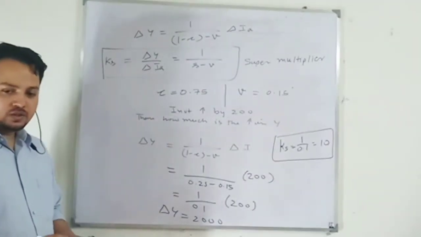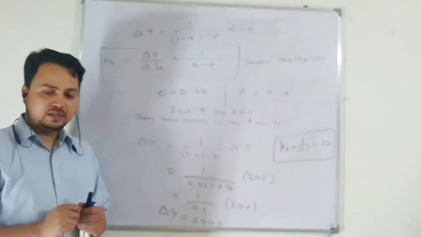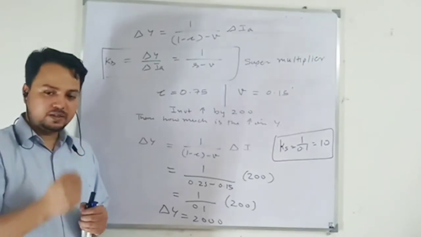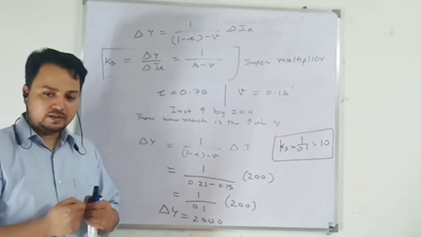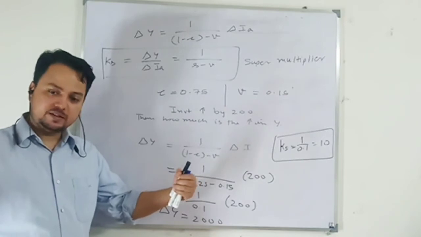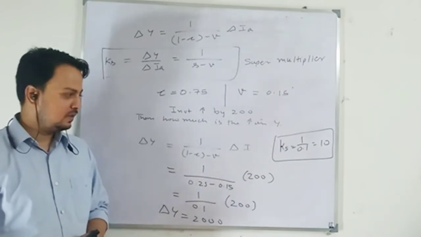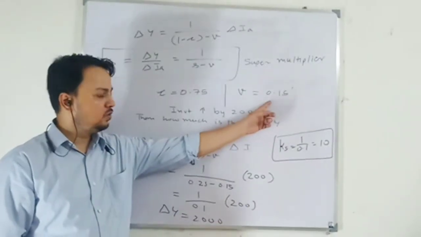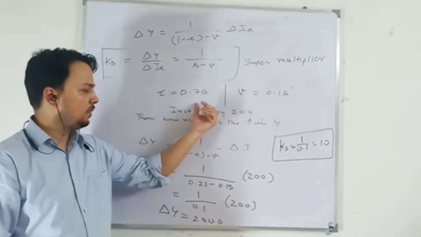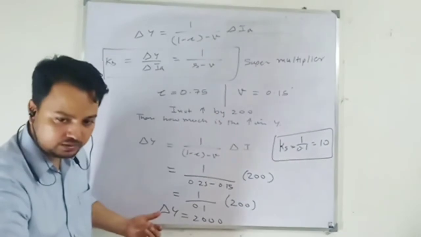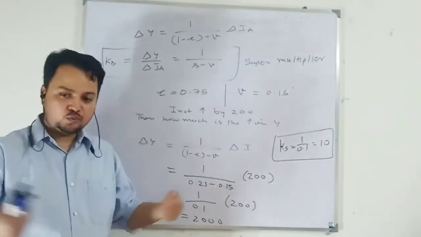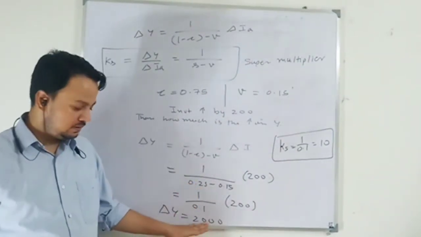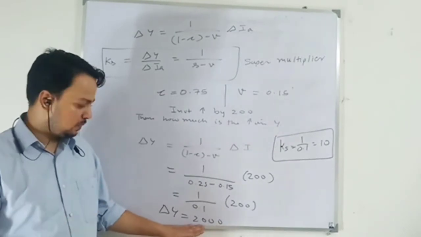So what happens is that when initial investment increases, the expansion of output intensifies, right? When investment increases by 200, given the value of the accelerator and multiplier, output expands, but there is a limit to this expansion.